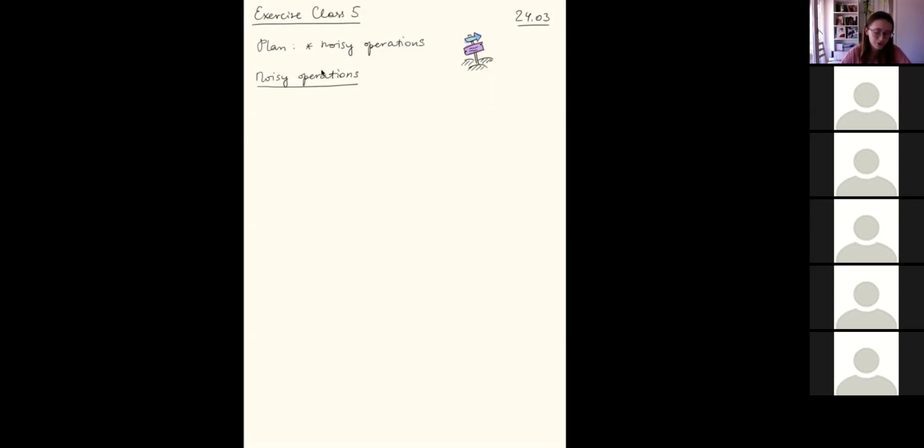So why are we interested in noisy operations? Essentially in the lecture, we started to discuss the topic of resource theories. And these resource theories are usually defined by a so-called set of operations which are considered free.